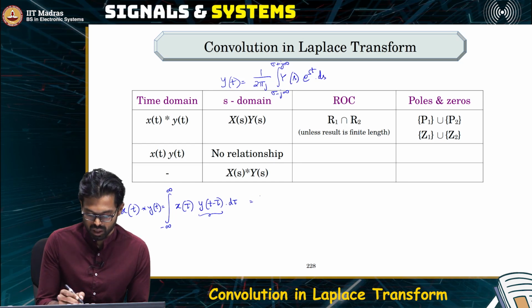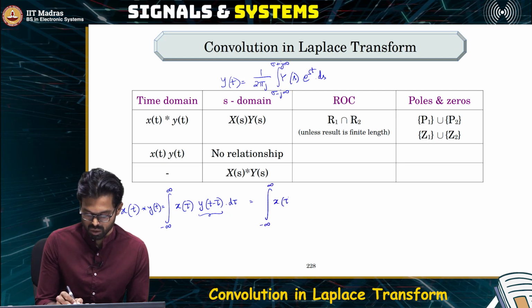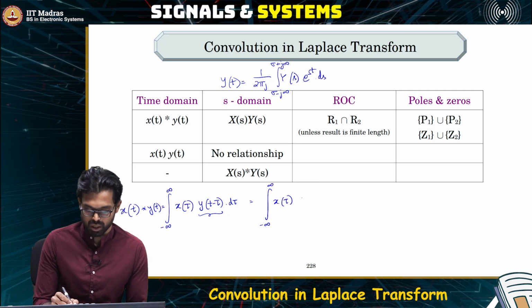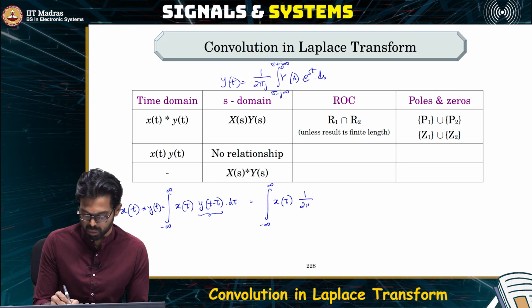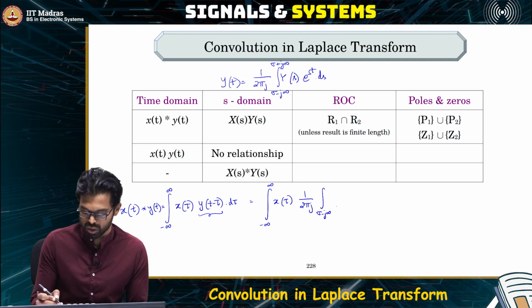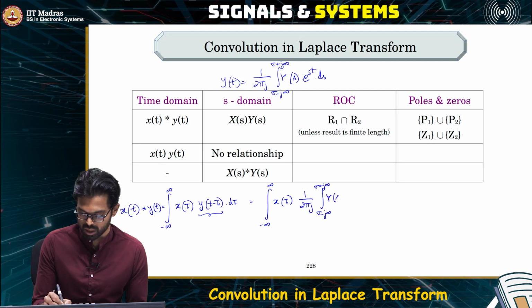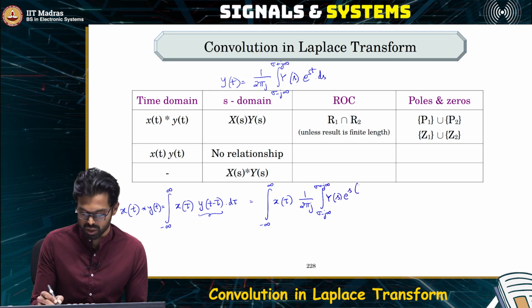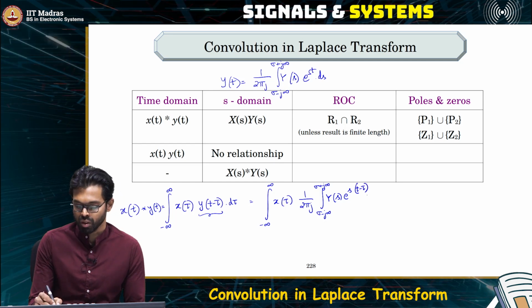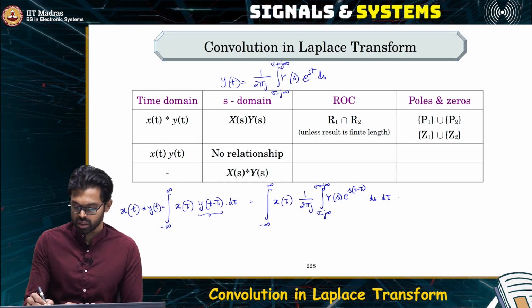So substituting that, what do we have here? Integral from minus infinity to infinity of x of tau, then 1 by 2 pi j integral from minus j infinity to plus j infinity of Y of s e power s, instead of t, we have t minus tau, ds d tau.